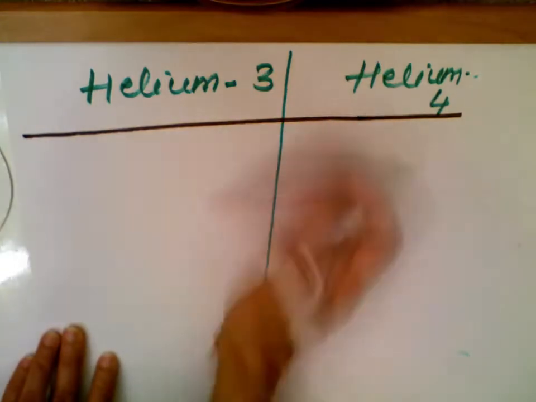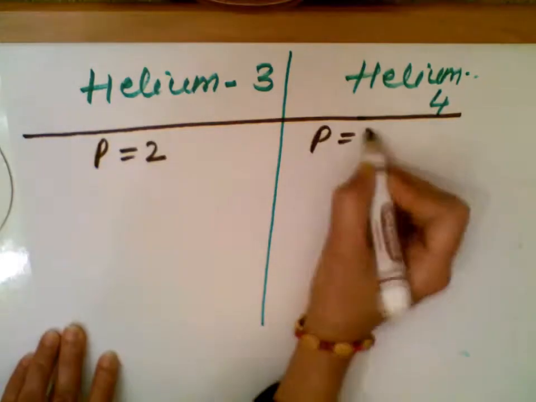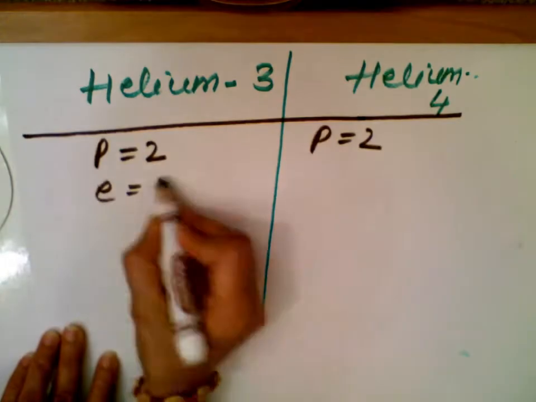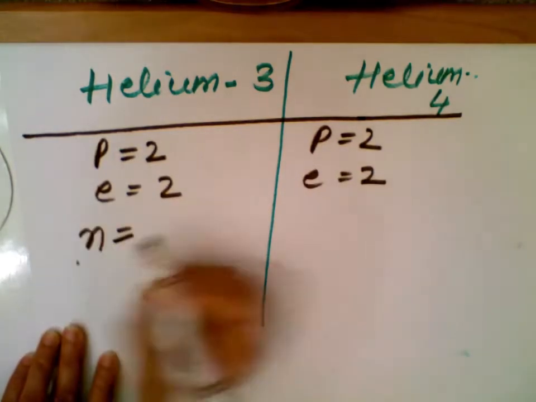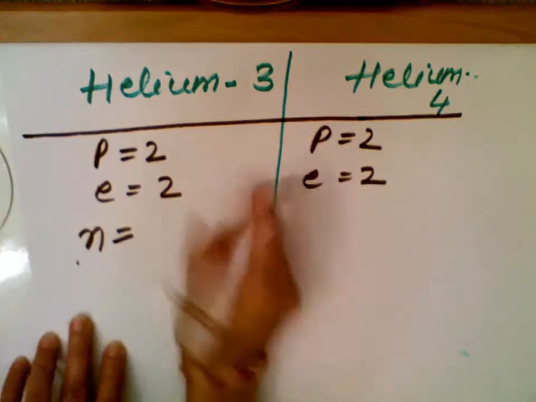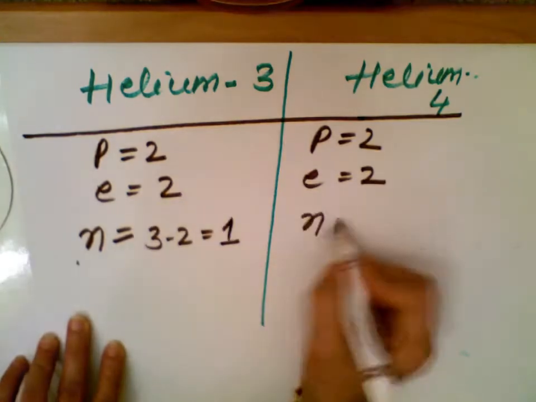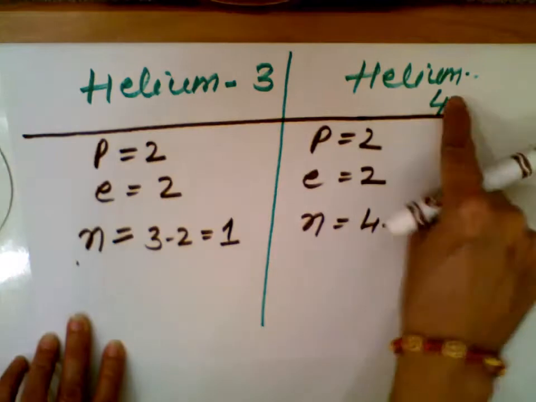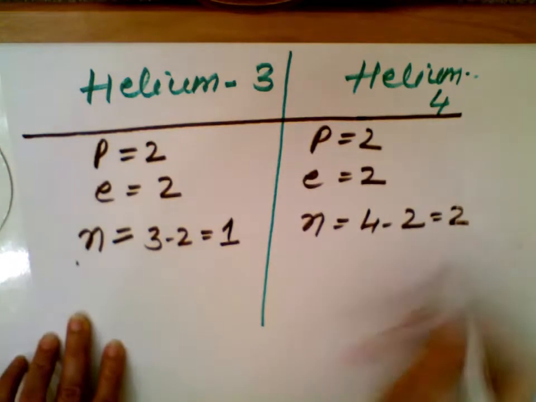The atomic number of helium is 2, and so is the number of protons. So protons will remain the same, and so will the number of electrons. The neutrons will be mass number minus protons, or you can say mass number minus atomic number. For this one, 4 minus 2, and for this one 3 minus 2, and you get 2 here.